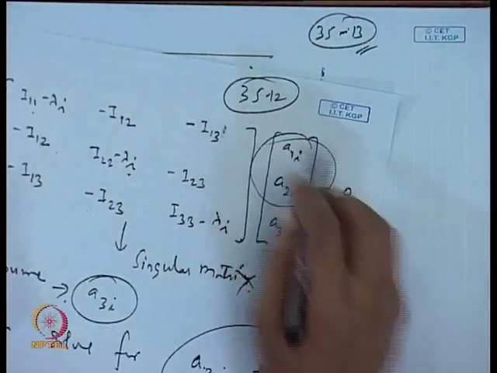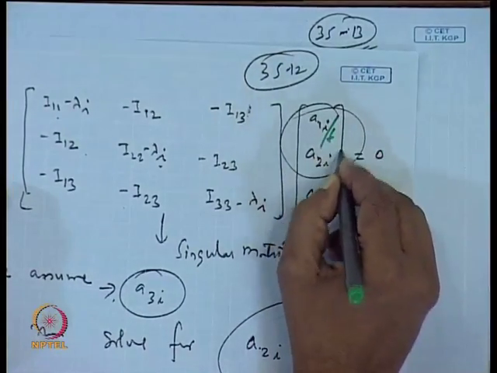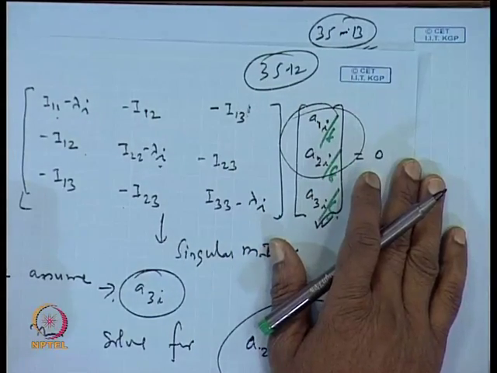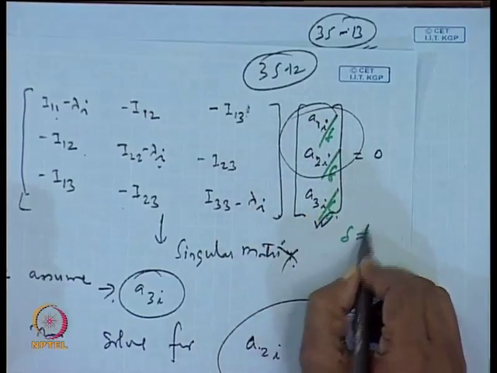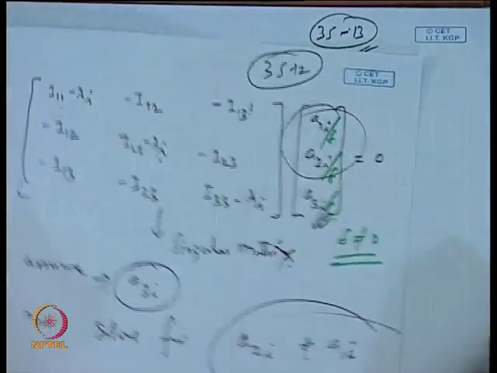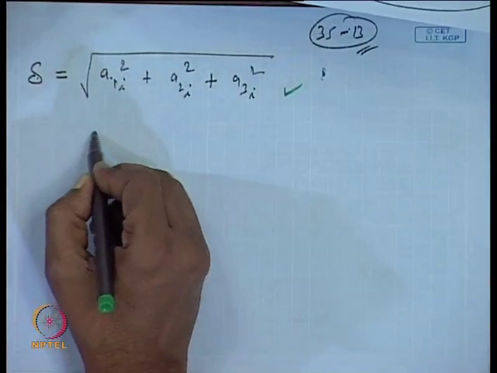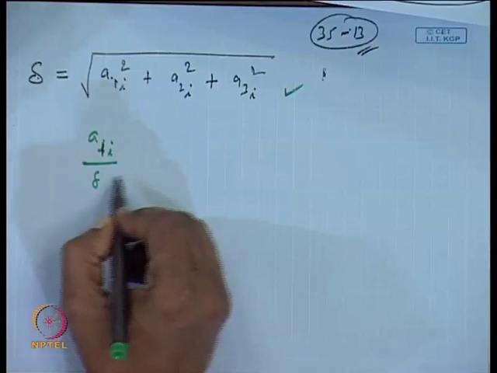If in this equation I divide by a quantity delta, it will not affect the whole thing. This is very obvious from here, where delta is a non-zero quantity. So, this delta we are using, and we divide A 1 I by delta.